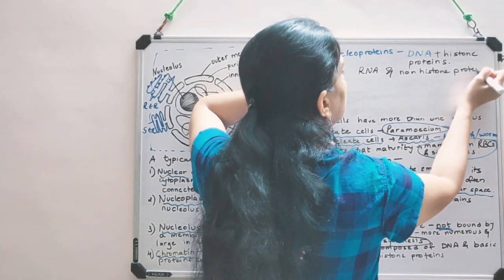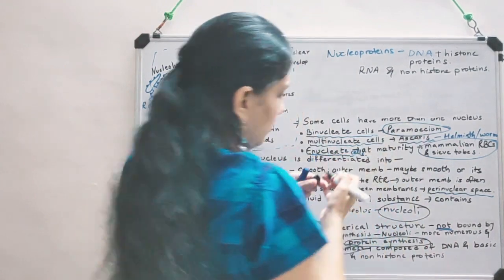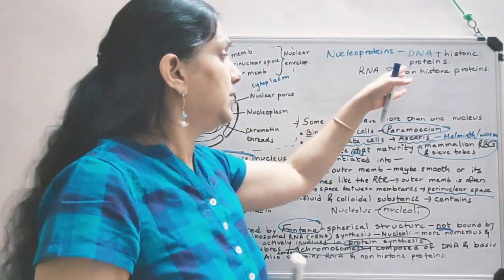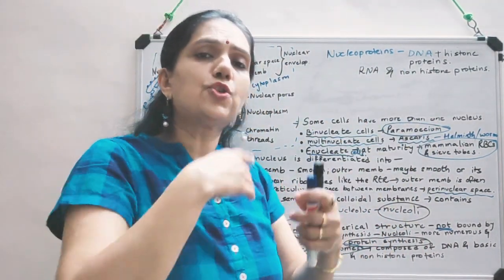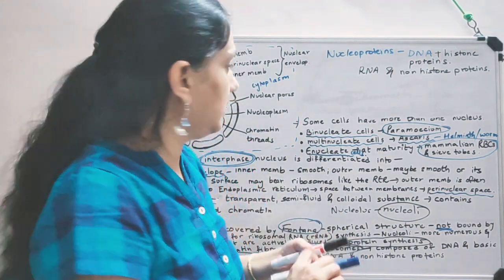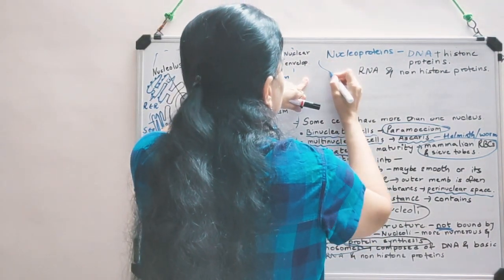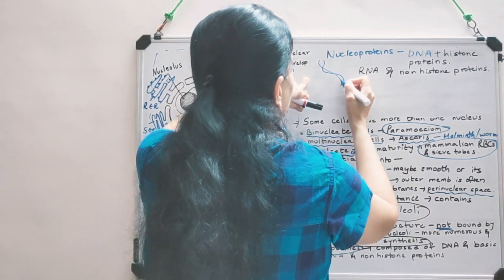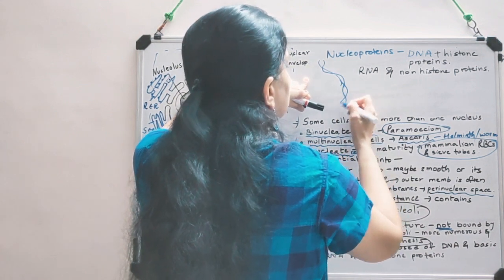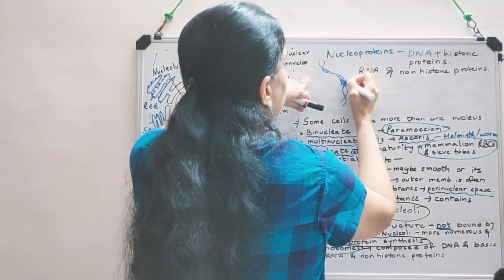proteins. Okay. Now the histone proteins actually wrap around the DNA. If you have seen the DNA structure, it is like a spiral ladder kind. Okay. So this spiral ladder is the shape of DNA.